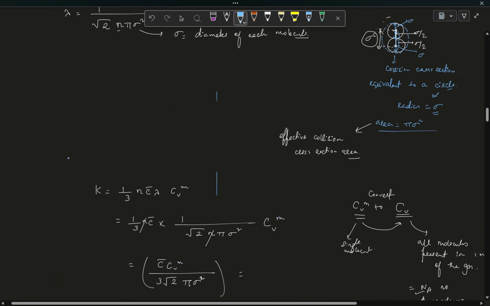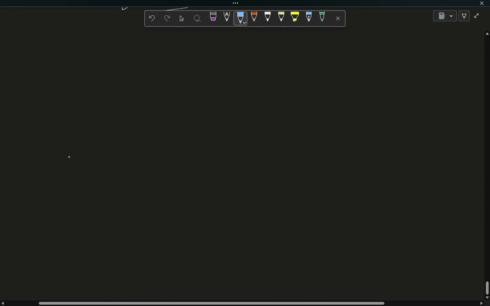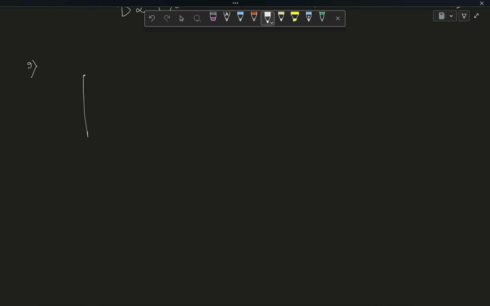Okay, so let us now try to understand the problem and solve it. So this is question number 9. So first of all, let us draw a container like this, and in the container you have a hole in the partition. That hole is of diameter D. So this is part 1 of the container and this is part 2 of the container.